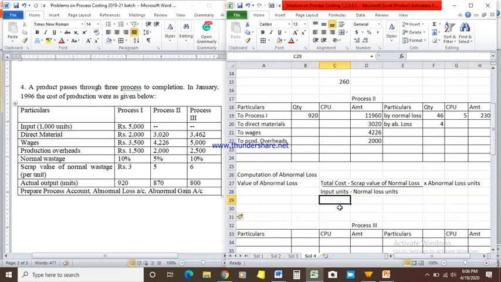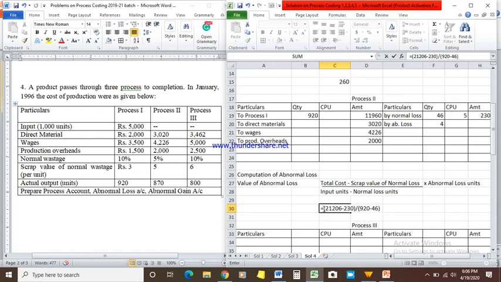So I'll put the values. Now the total cost, when I say total cost, you add up all this, I get 21,206. So I'll write here 21,206 minus scrap value of normal loss 230, divided by input units, that is 920, minus normal loss units 46.